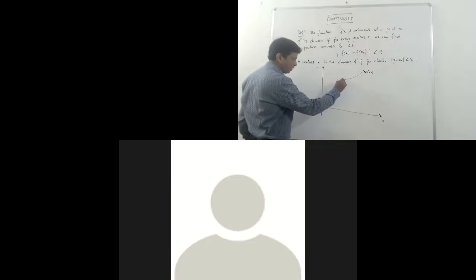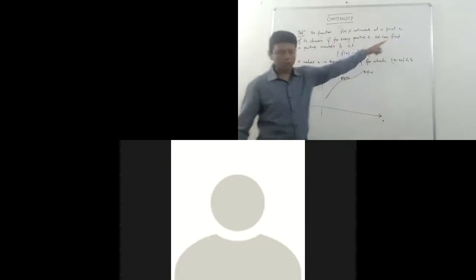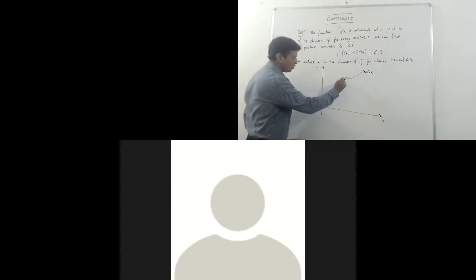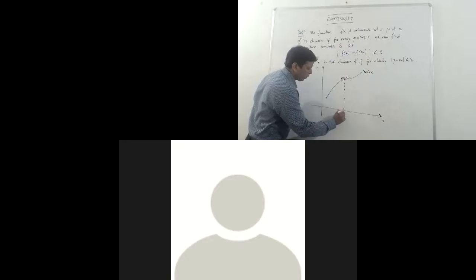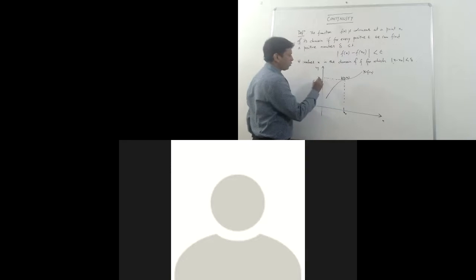I will choose first this interval because you have chosen epsilon. Suppose the point is P naught, and the point P naught is (x naught, y naught). I want to check the continuity at x naught. So this is the point x naught, and this will be the point y naught.